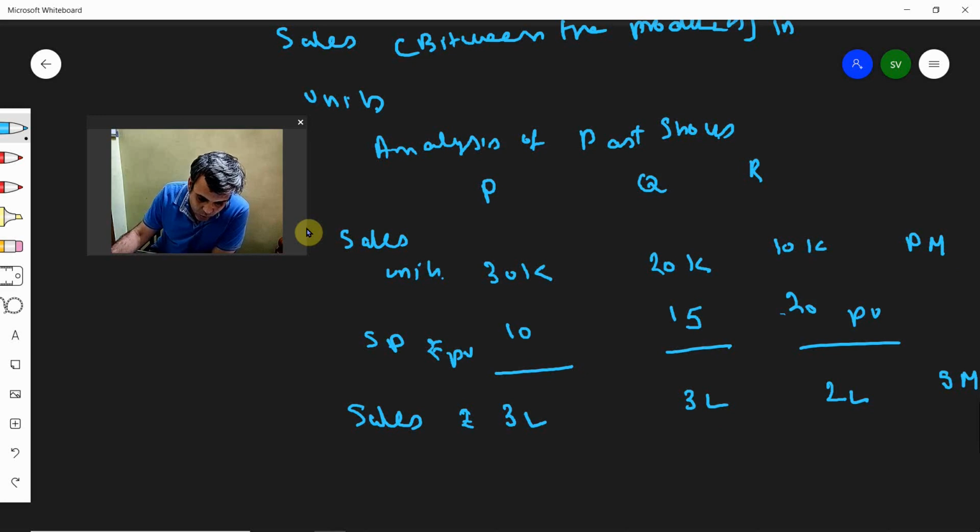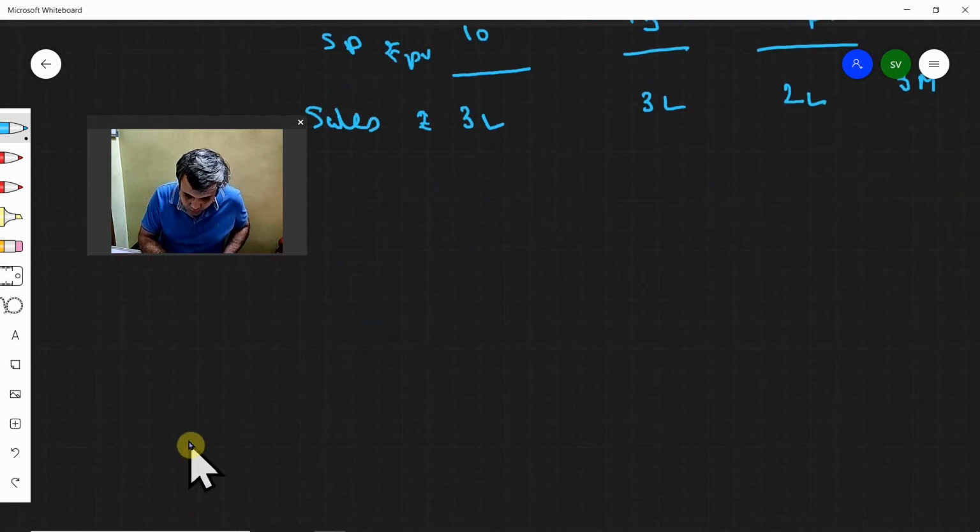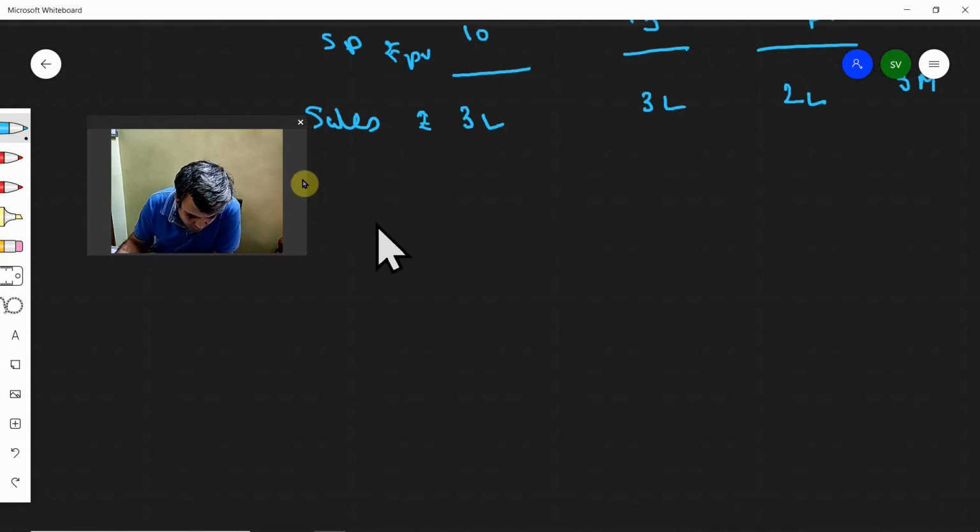As I told you, when you want break-even point in units, you need to apply product mix as weights. Shall I proceed? Now, how to calculate weighted average contribution per unit?